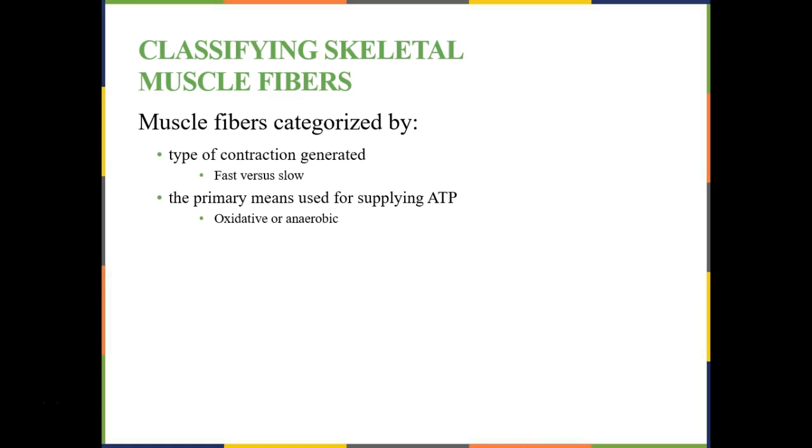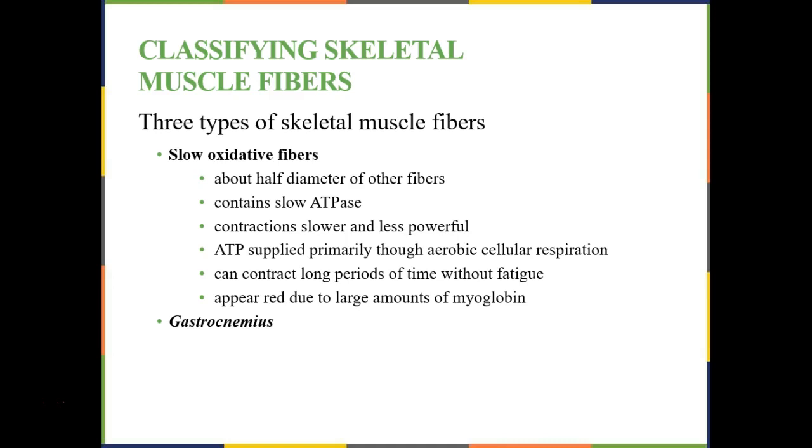And then we have oxidative mechanisms, aerobic respiration. In general, every muscle is going to have all three types of muscle fibers, but certain muscles are going to have more of one type of fiber than another. Let's talk about each fiber type.